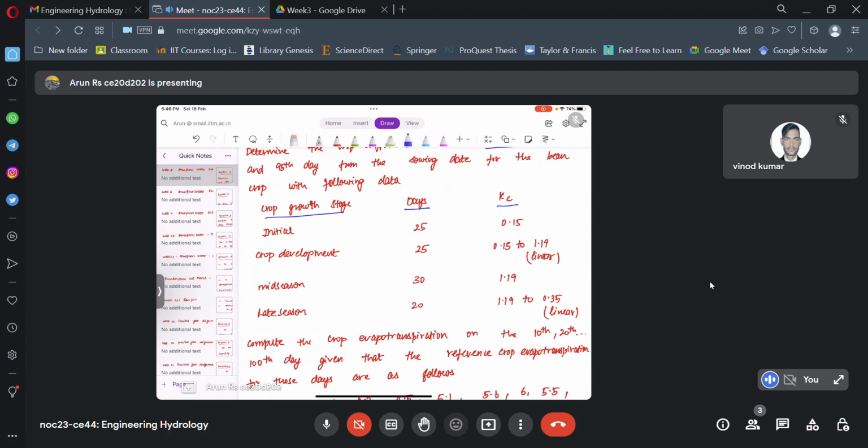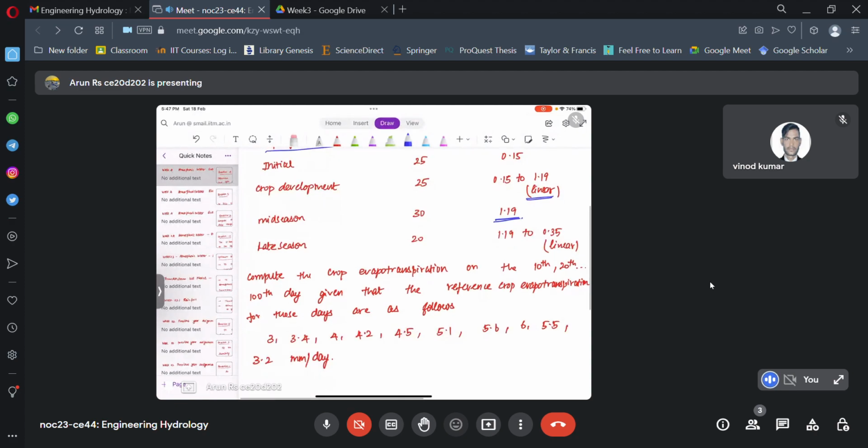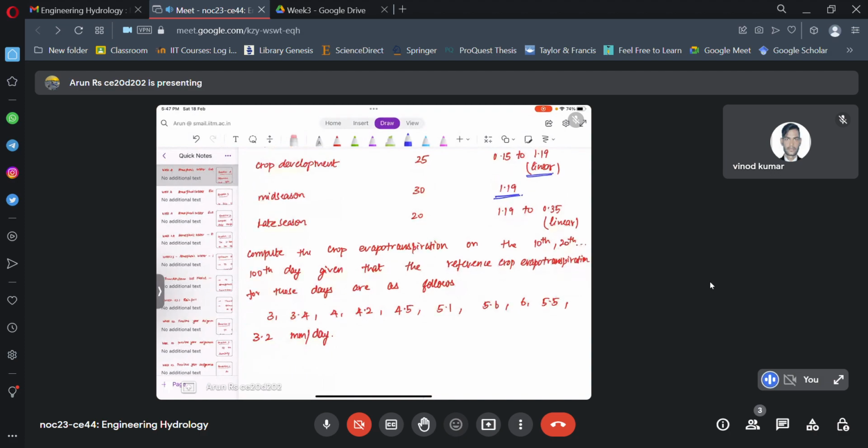From the 26th day until the 50th day it is varying from around 0.15 to 1.19, and it is varying linearly between these days. And from the 51st day until the 80th day your crop coefficient is constant, so your plant is growing, and towards the end, the last 20 days, again it is dropping because the growth of the plant is almost completed and it's ready to harvest.